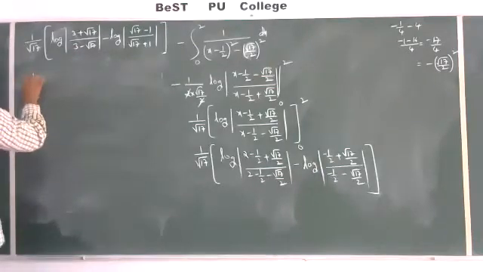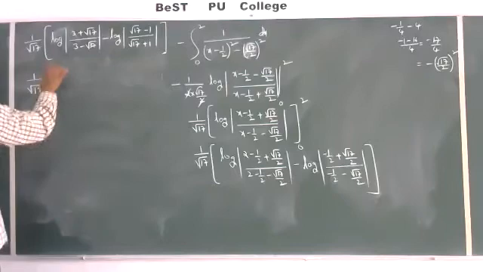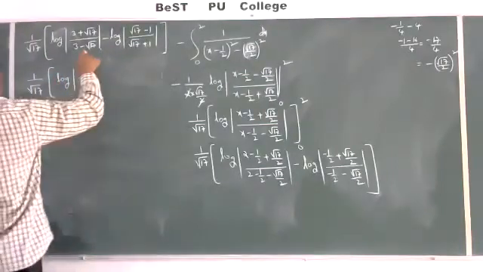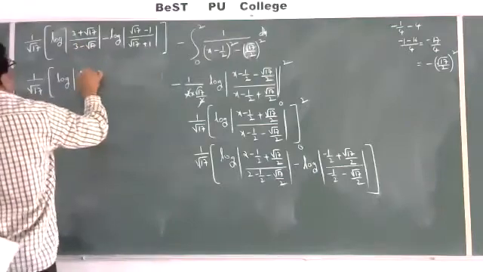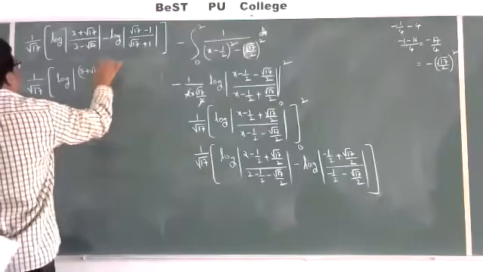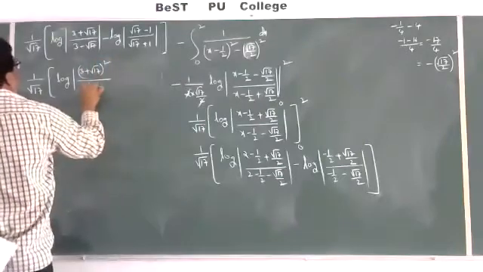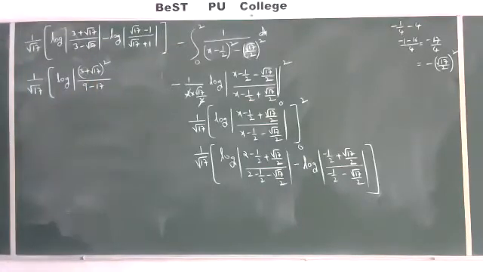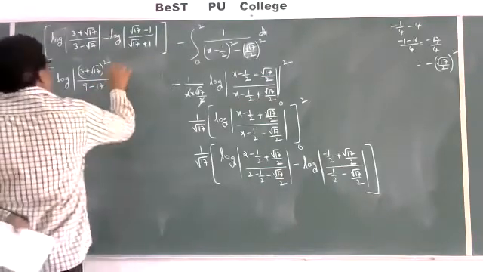Here, for example, we are going to rationalize the denominator. Logarithm of mod 3 plus root 17, that is 3 plus root 17 whole square by 9 minus 17, rationalizing the denominator.